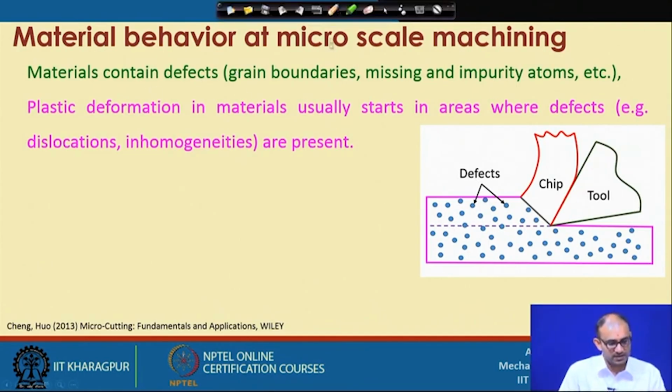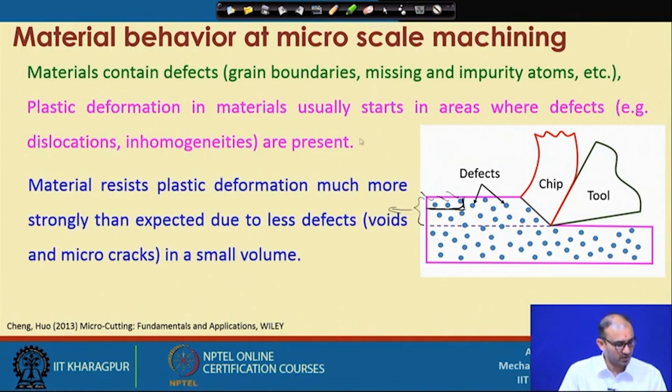So, our uncut chip thickness will be very small, and that is the reason the number of defects will be very less, and that creates a problem in the machining. So, you need a very high amount of force, and we have seen the material resists plastic deformation much more strongly than expected due to fewer defects.